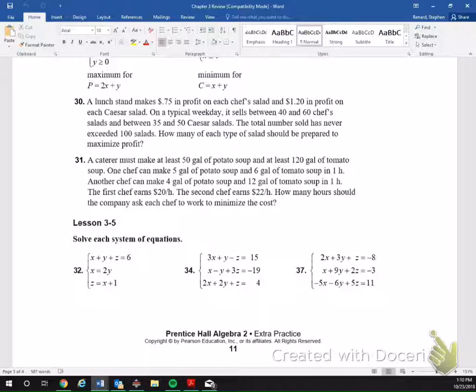A lunch stand makes a profit on each chef salad and $1.20 on each Caesar salad. So, right away, that should key us in that our variables are going to be the number of chef salads we make and the number of Caesar salads we make. Okay, so x equals Caesar salads, and y equals chef salad.